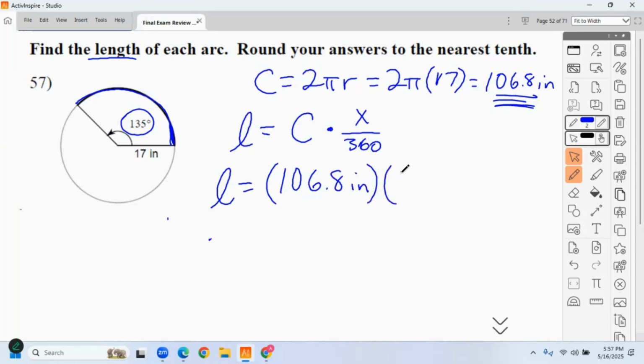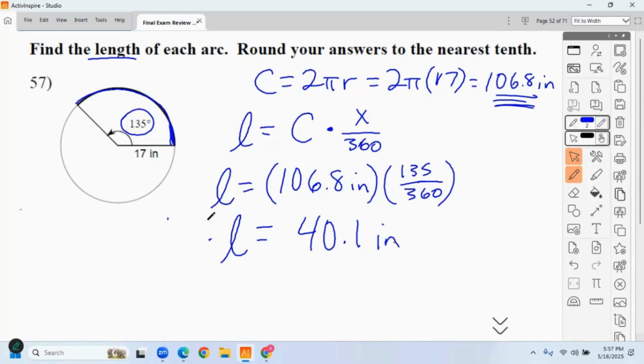And then we know we got 135, and then this is over 360. Best thing to do is multiply by 135, then divide by 360. The amount here is going to be 40.1 inches. All right, we're done. That's the answer for that one. On to the next one.